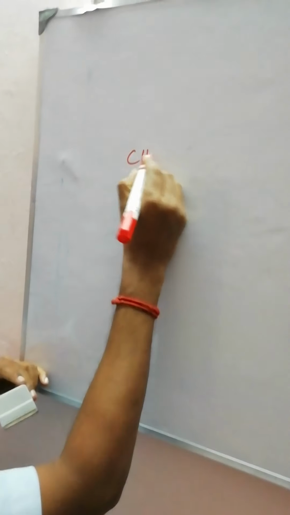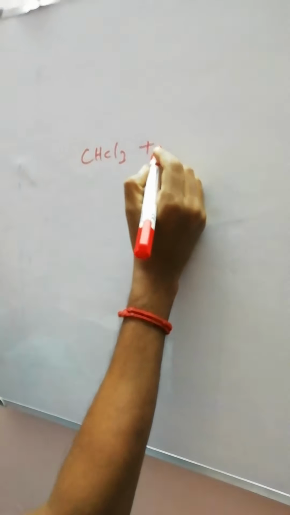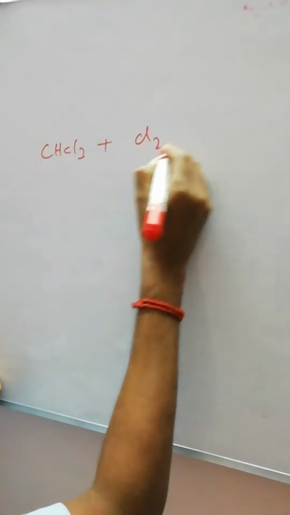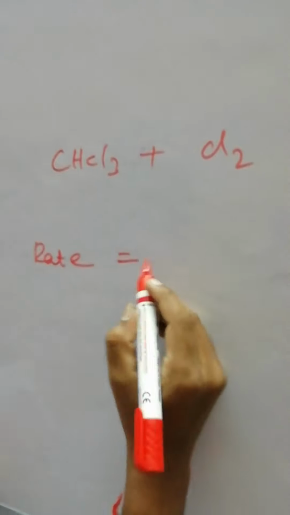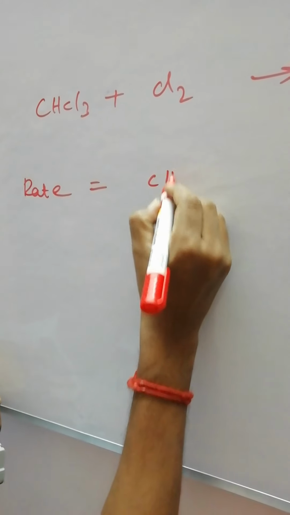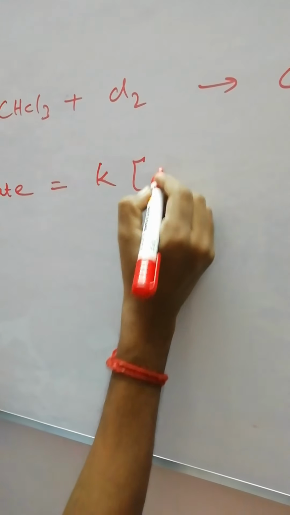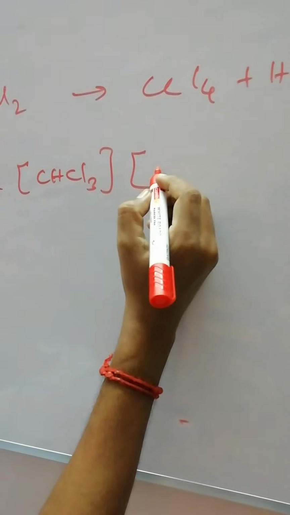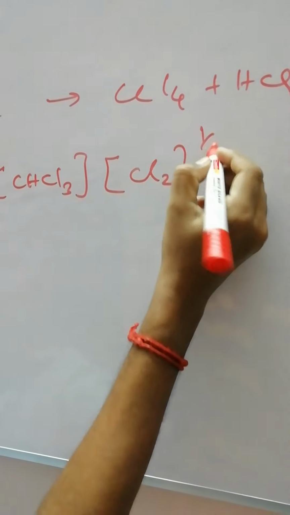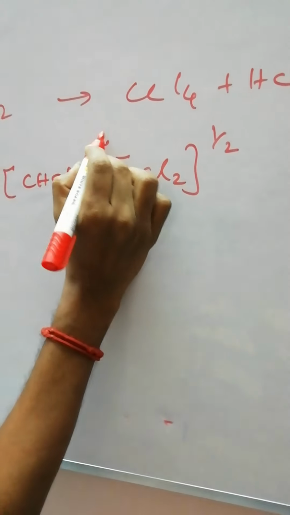See one more example. CHCl3 plus Cl2 gives CCl4 plus HCl. Rate equal to K into CHCl3, Cl2 power half, is nothing, 0.